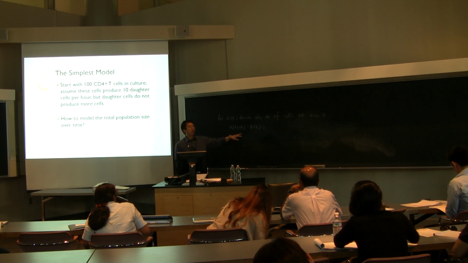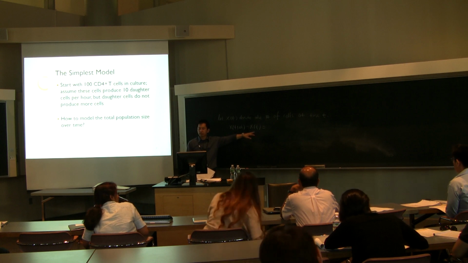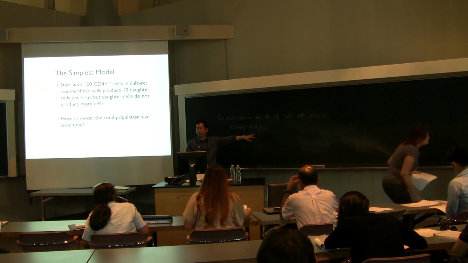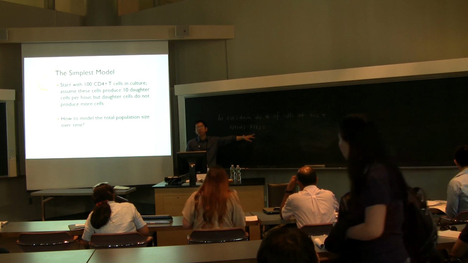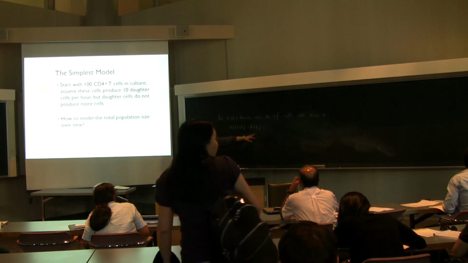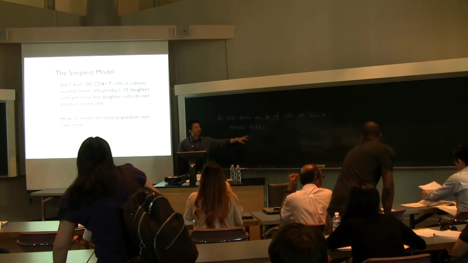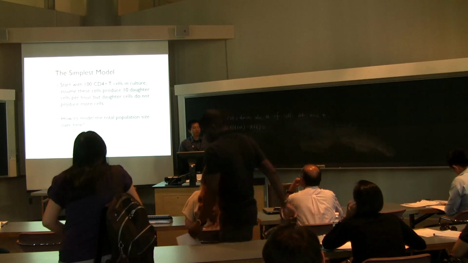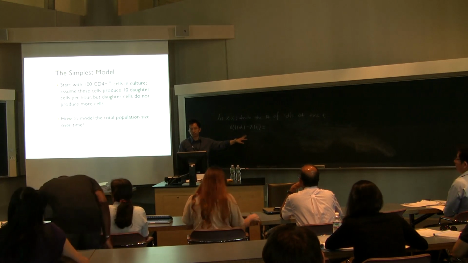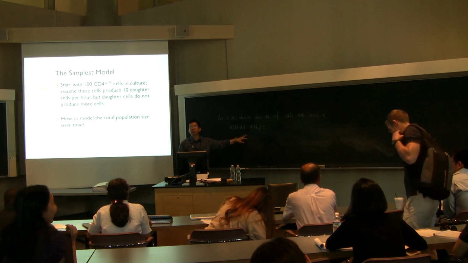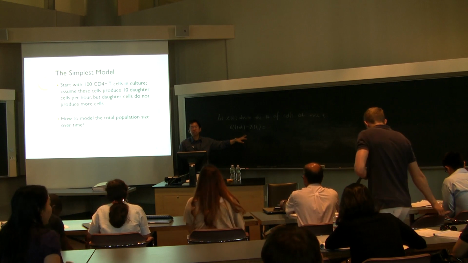I'm going to use this technique again and again to construct the model. Remember yesterday I mentioned that the basic idea of ODE modeling is that we look at the change within a short time interval. So this is what I'm doing.